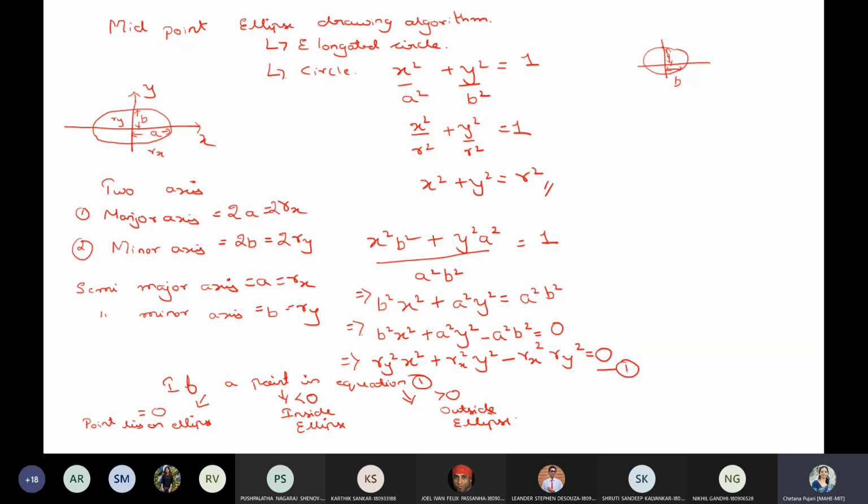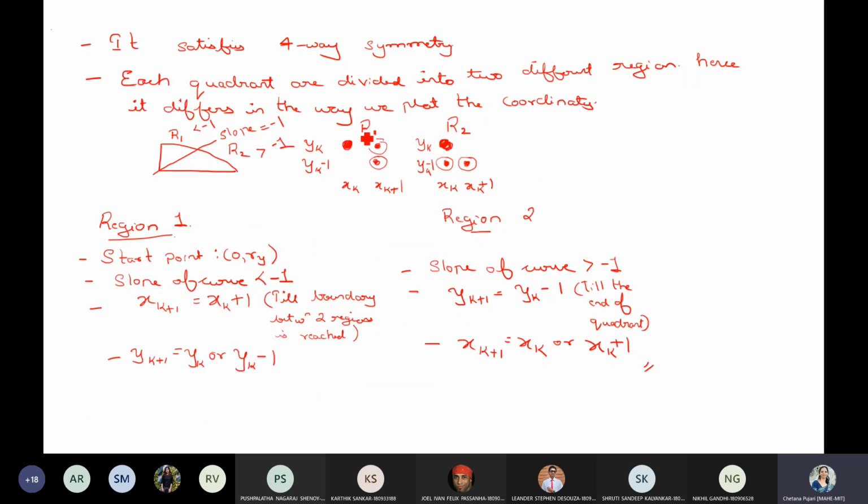Based on this background, we have started discussing two different regions in your ellipse. Whereas in a circle, it goes for 8-way symmetry, wherein calculating the coordinates of one octant is enough to generate the coordinates of the remaining 7 octants in your circle, in case of an ellipse, you need to go for 4-way symmetry.